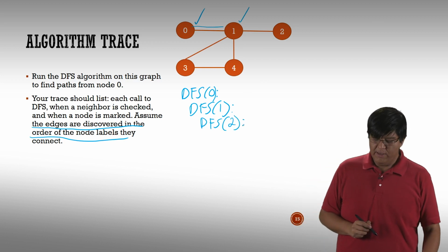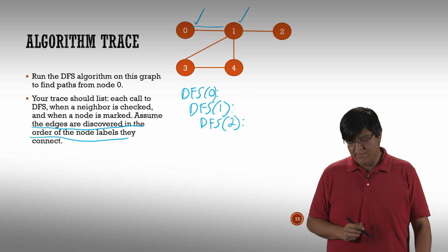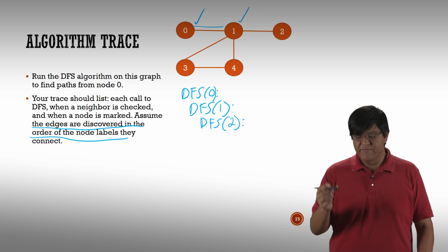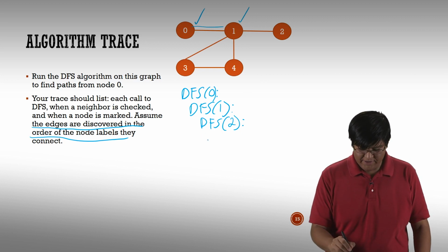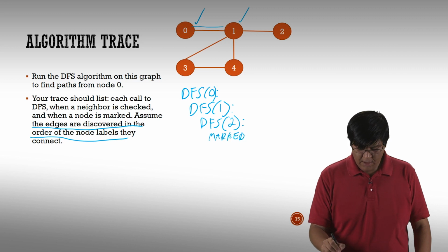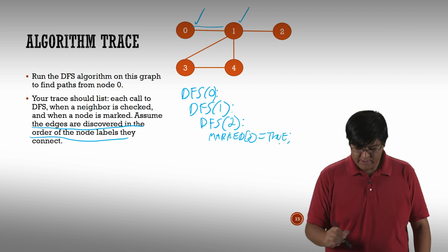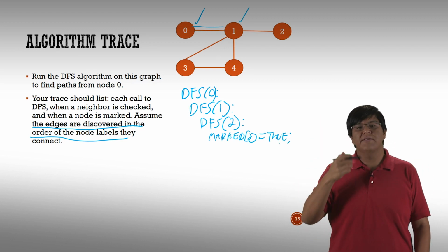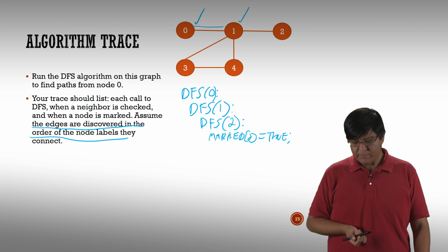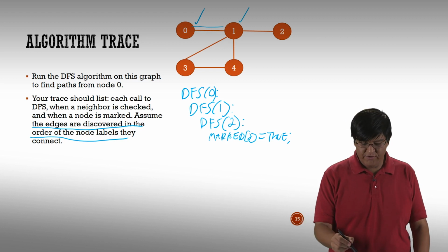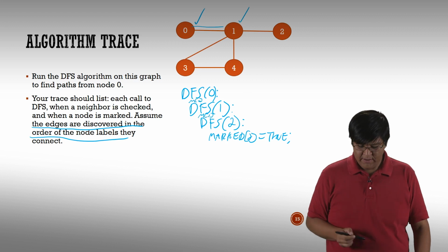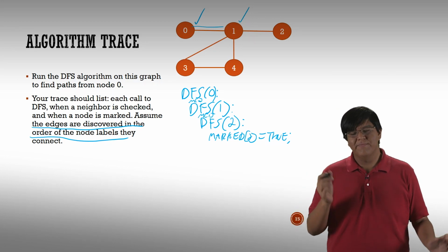I don't want to clutter up my diagrams too much, but it would be good to write something like marked of 2 equals true, to indicate that I'm marking a node as I get into it. I would also have marked of 0, marked of 1 over here. If I had more space, I would blow that up, but I don't.